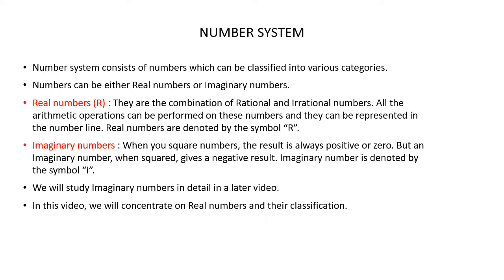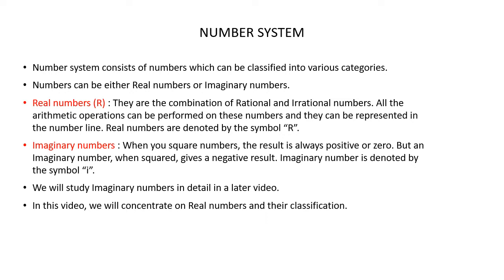When you square numbers, the result is always positive or zero. For example, 0 squared is 0. The square of 2 is 4. The square of minus 2 is also 4.